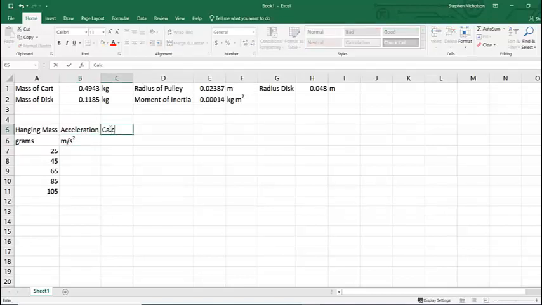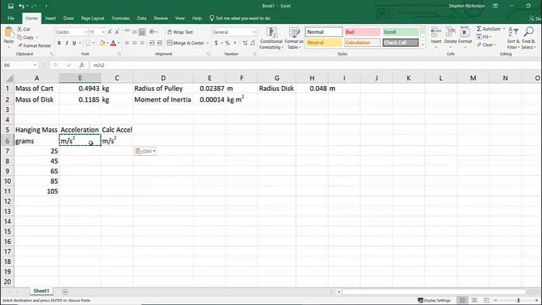And I'll put calc, Excel, and what I'll do is I'll just copy these units over. So to copy something, you just highlight the cell and drag the corner, except it made it seconds cubed, so that's not going to work. So do Control C, and then Control V, and that'll work. Okay.